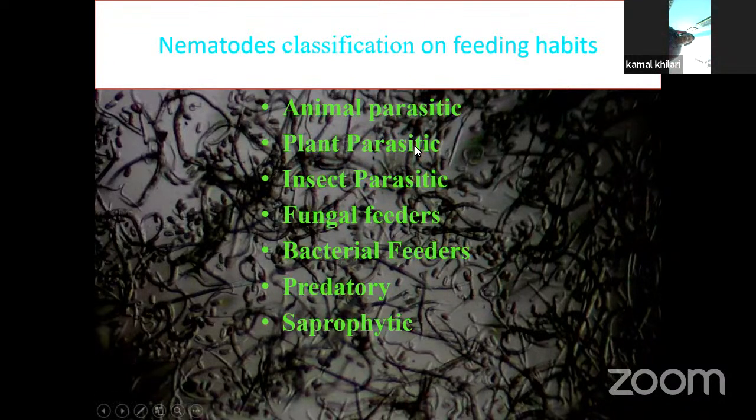They feed only on plants, meaning they are obligate parasites of plants. Third is insect parasites. They feed on insects. Then there are fungal feeders. They feed upon different structures of fungi. These fungi may be saprophytic or plant parasitic. If they feed on plant parasitic fungi, then we can say the nematodes are beneficial. And then there are bacterial feeder nematodes.